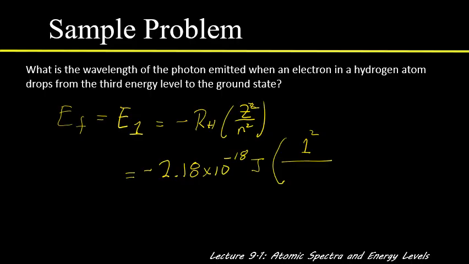And since this one is dropping down into the first energy level, that's also going to be a 1, right? So we've got negative 2.18 times 10 to the negative 18 joules times 1 squared divided by 1 squared. So that's just going to be negative 2.18 times 10 to the negative 18 joules.